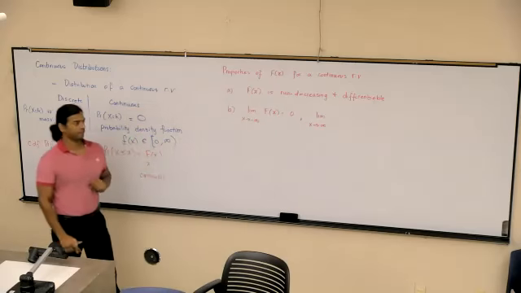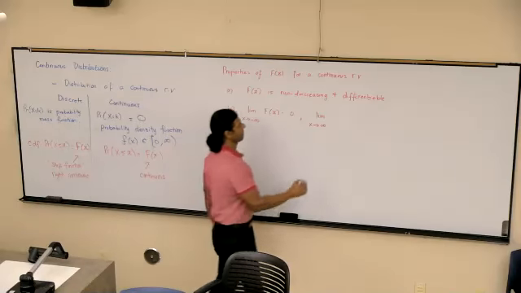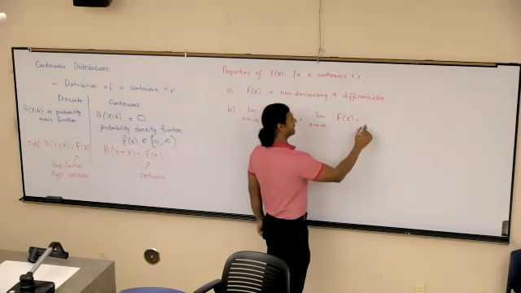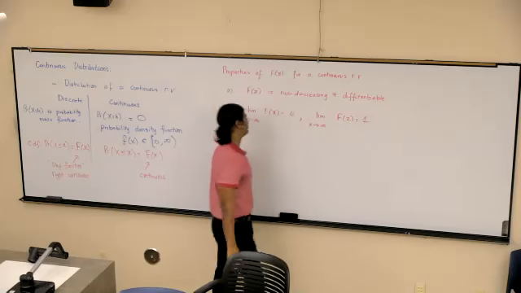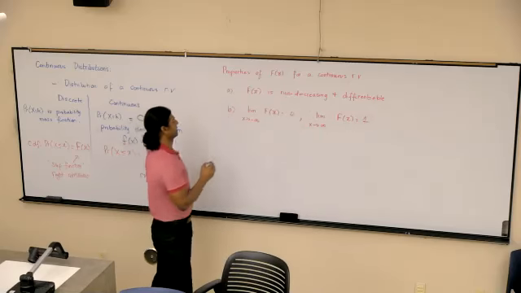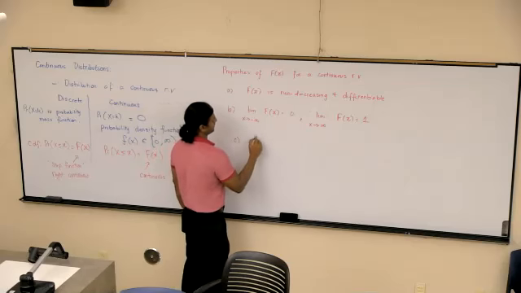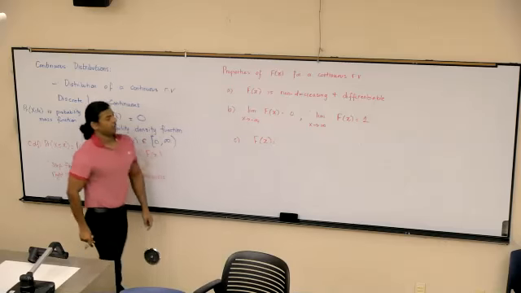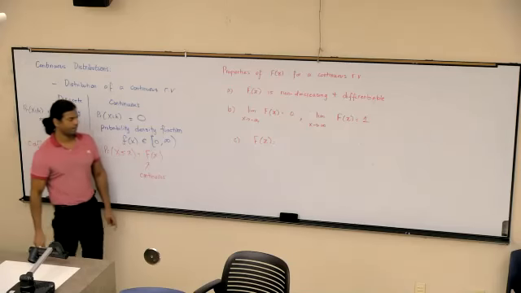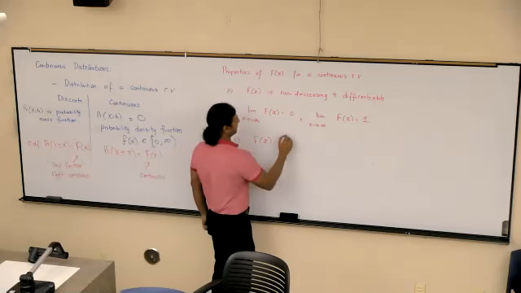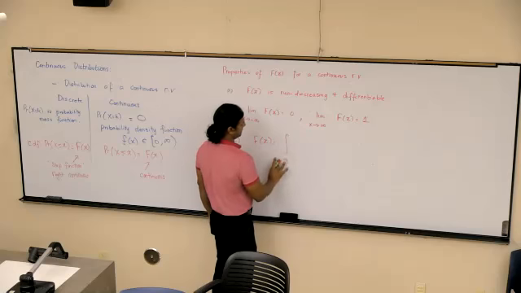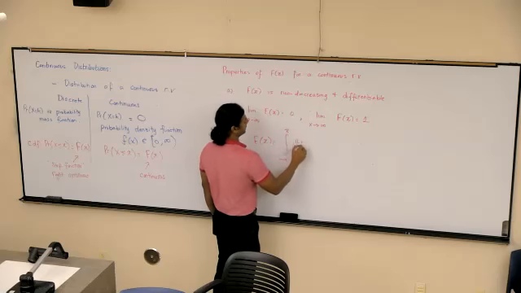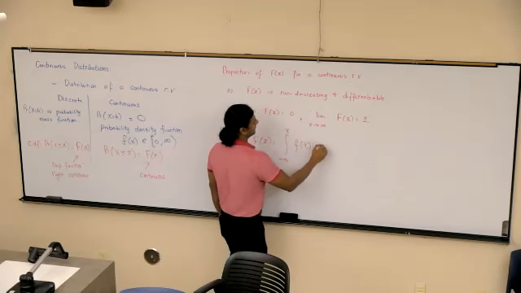Limit as x approaches positive infinity, F of x is 1. F of x is the integral from negative infinity up to x of f of t dt.